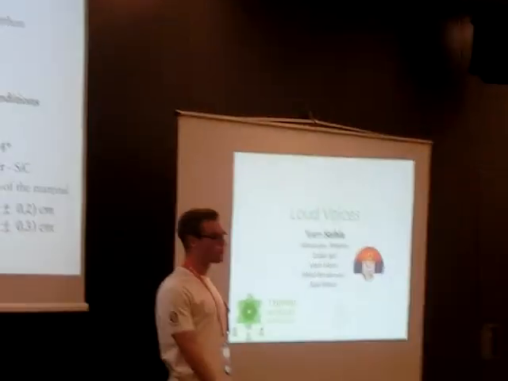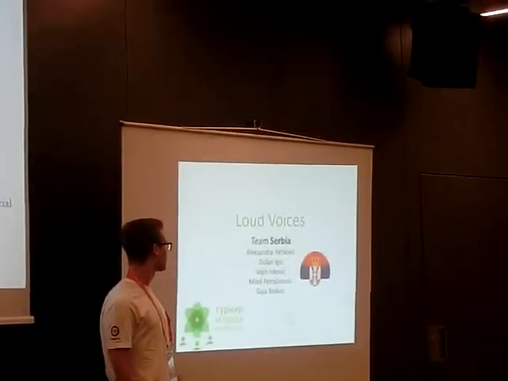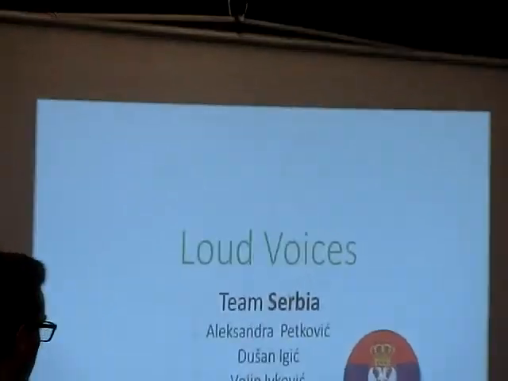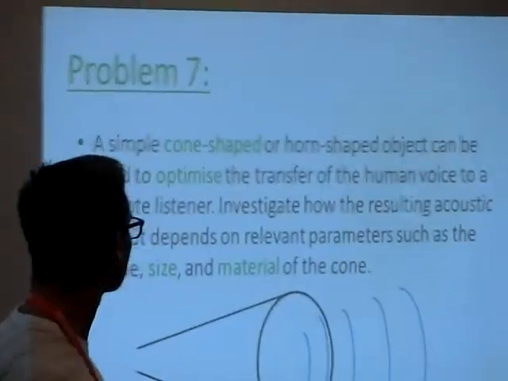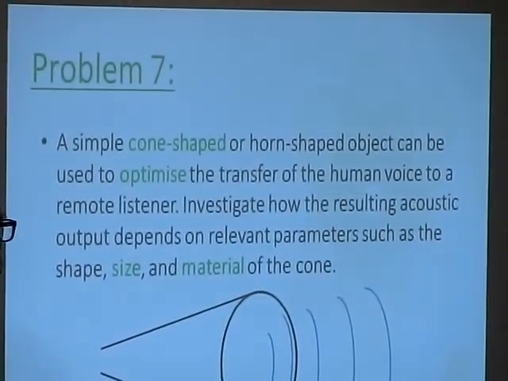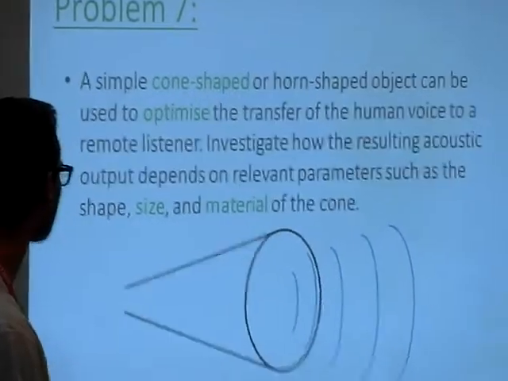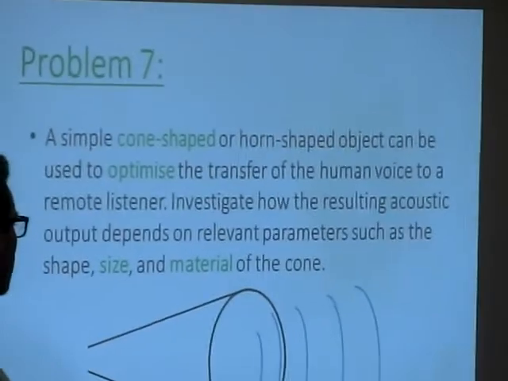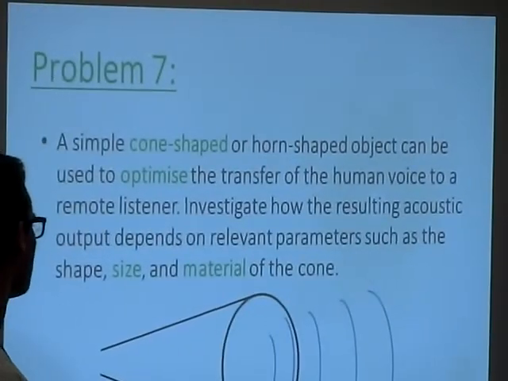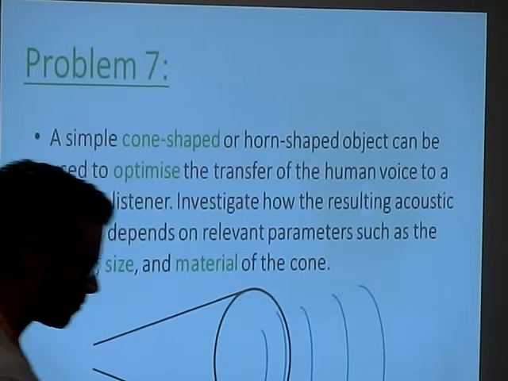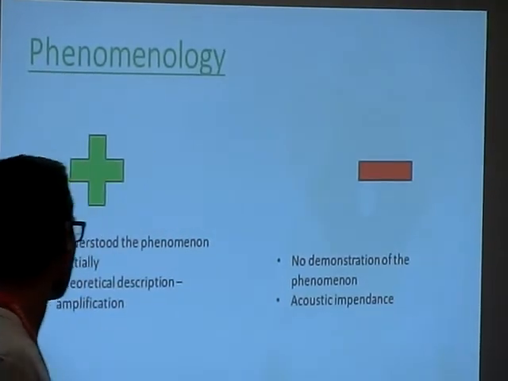First, we can say the goal. A simple cone-shaped or horn-shaped object can be used to optimize the transfer of the human voice to remote listening, investigating how the resulting acoustic output depends on relevant parameters such as shape, size, and material of the cone. First, let's move to the terminology.